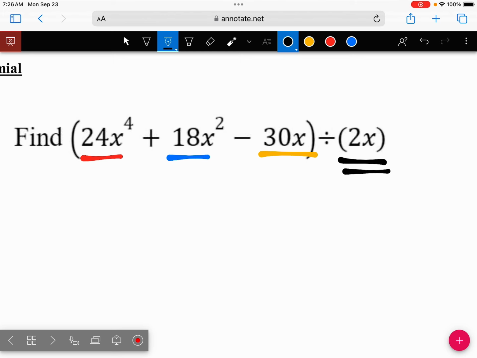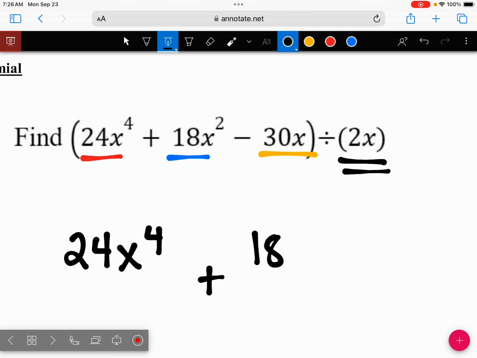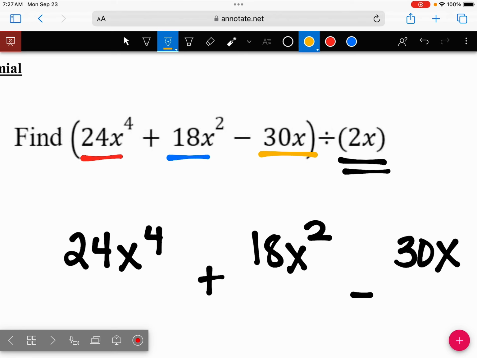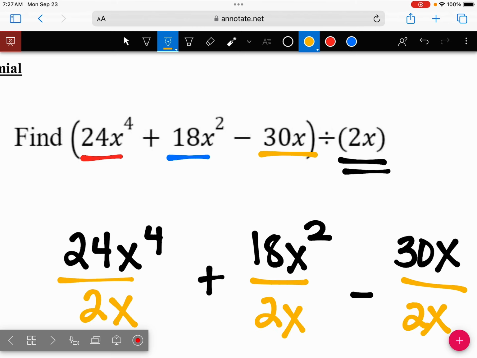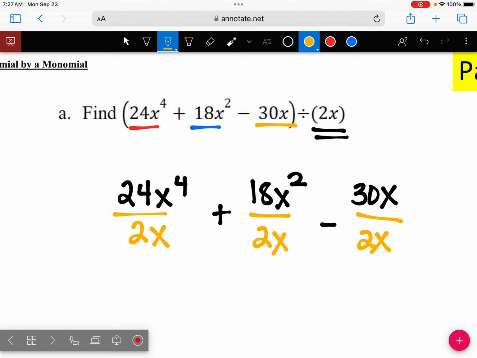We have the 24x to the 4th plus 18x squared minus 30x, and we're dividing each one by 2x. So you're dividing the numbers, but subtracting your exponents.